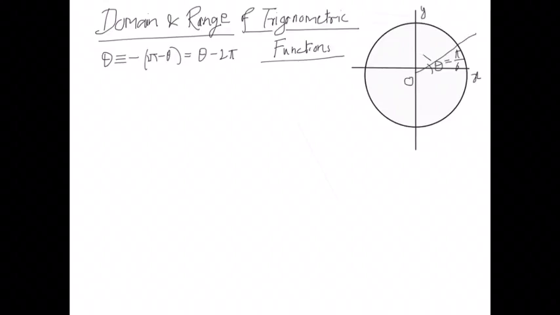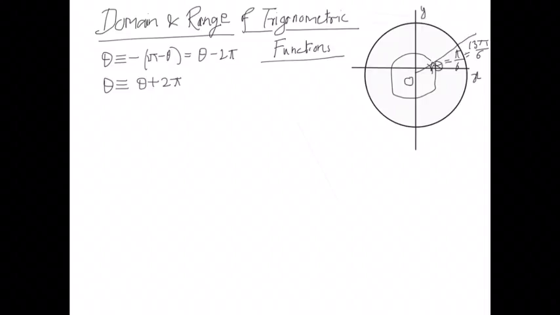Therefore, by adding 2 pi radians to theta, we come back to the original value of theta, and therefore we can say that pi by 6 is also equal to pi by 6 plus 2 pi, which is 13 pi by 6. Therefore, we now establish that theta is also equivalent to theta plus 2 pi.